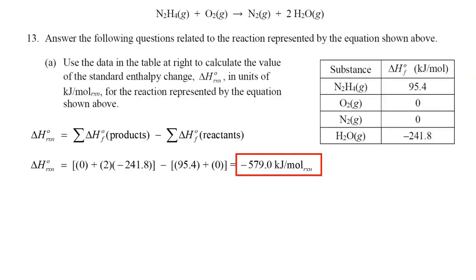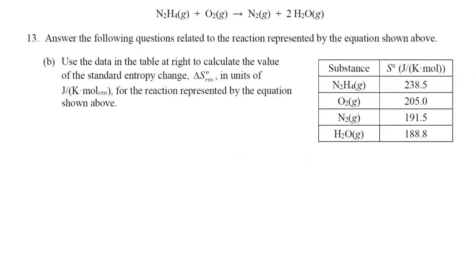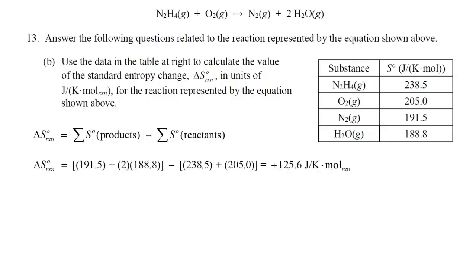Now, in part B, we're going to use the data for standard molar entropy to calculate the change in entropy, or delta S. We're going to use the products minus reactants equation, just like we did in number 12, part B. So for products minus reactants, it's going to be 191.5, which is the number for nitrogen, plus 2 times the number for water vapor, which is 188.8.